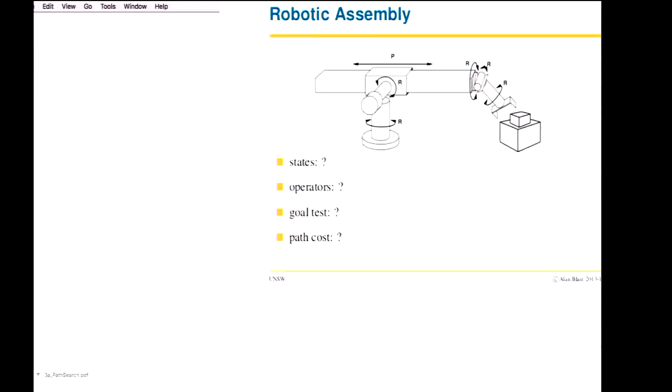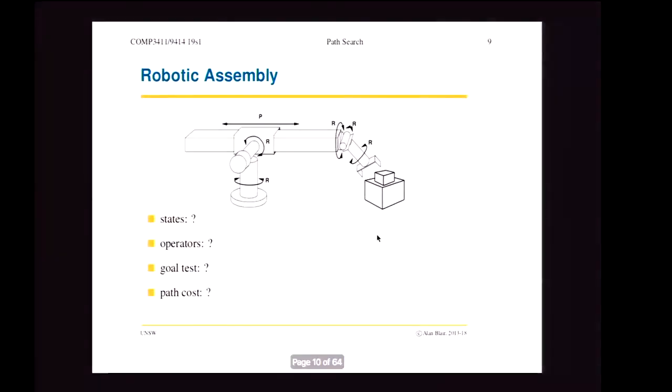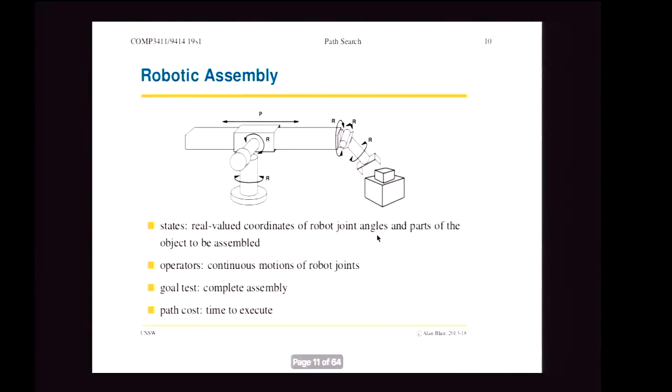And so let's suppose it has to figure out for itself how to build the object. It's not pre-programmed. Well, here the states would perhaps be real valued coordinates of robot joint angles and parts of the object to be assembled. And the operators might be continuous motions of the robot joints. And the goal would be assembly of the object. And the path cost might be the time to execute.